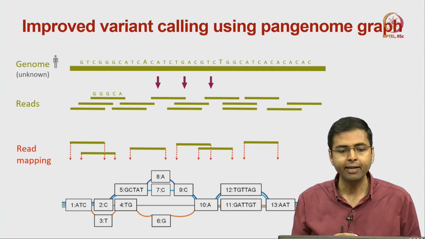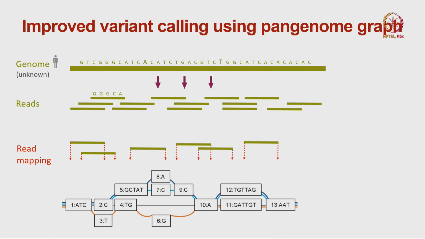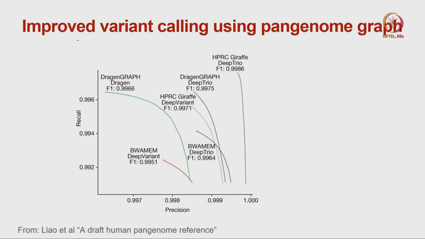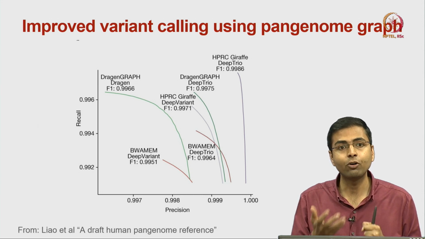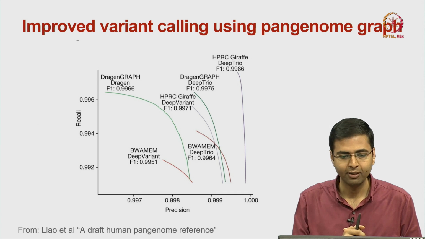The idea would be that when we do genome resequencing, we would do read mapping to a pangenome graph, and we would use that pangenome graph for calling variants in the target genome. This was recently demonstrated to lead to better precision and recall for variant calling.